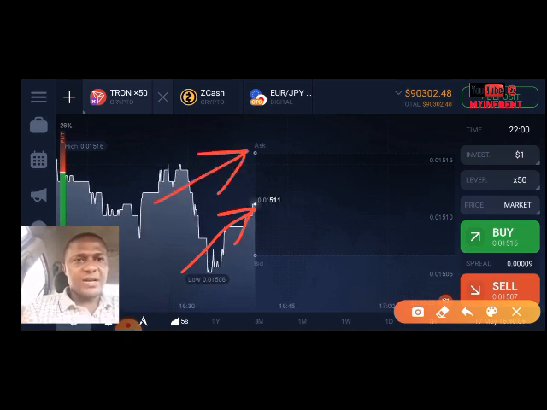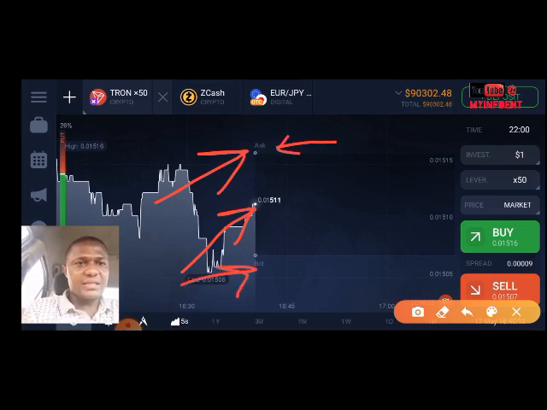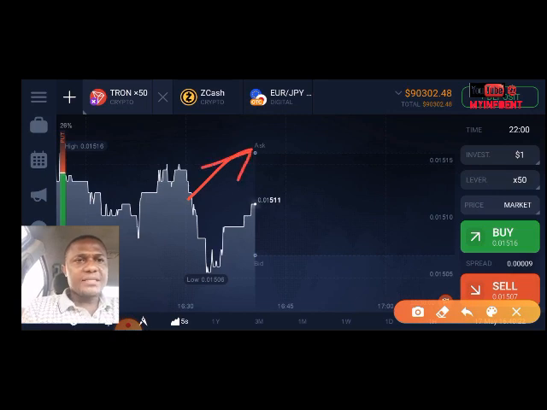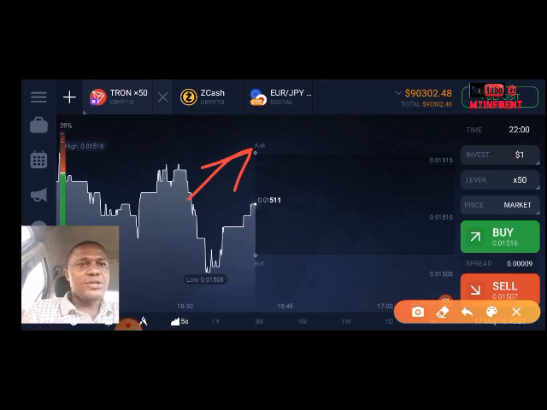As you can see, ask here, and this is the bid price. You can see bid here. The bid price is the price the broker is willing to buy this asset from you, while the ask is the price the broker is willing to sell this asset to you.